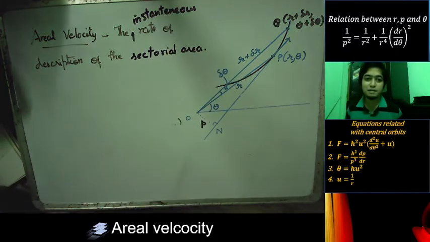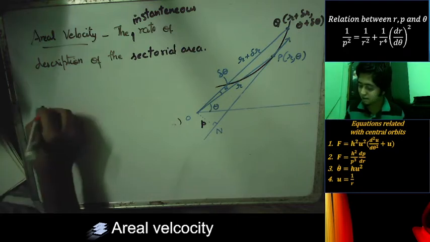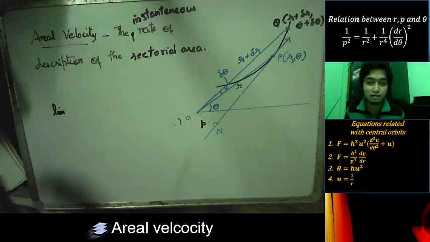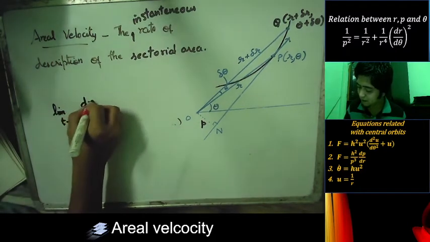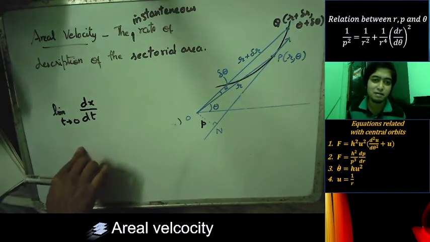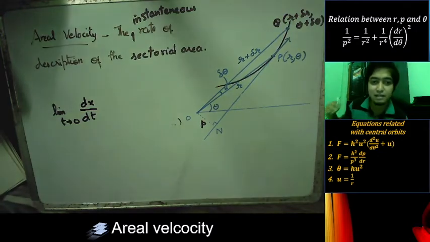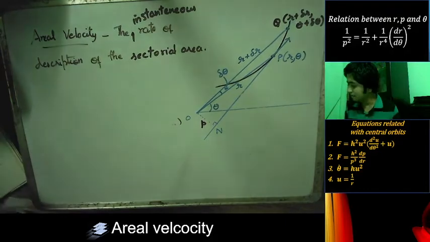So what is happening over here? Remember that when we are dealing with velocity, we have to use limits. Just like in limit t tends to 0, dx/dt will give you the velocity in the x direction. But over here we are dealing with the rate of description of the area. So what is happening?